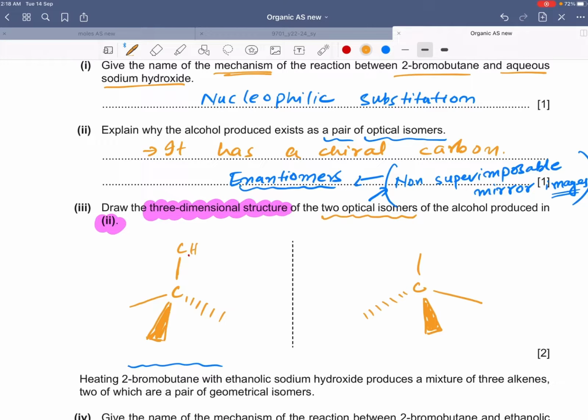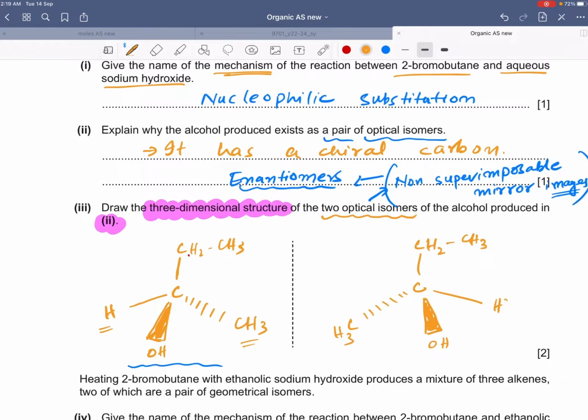So let's suppose CH2, CH3 and OH, and then CH3 and H, right? And the other isomer would be where the places of H and CH3 would be replaced. CH3 would come on this side, hydrogen would be on this side, and ethyl group and OH group would remain in the same positions.